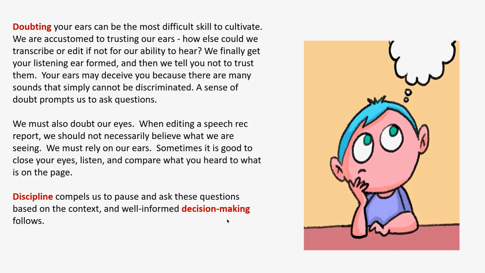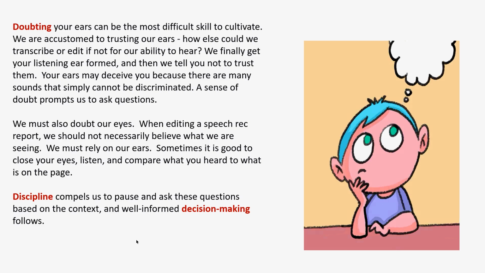We're accustomed to trusting our ears. How else would we transcribe or edit if we couldn't hear the report? We finally get your listening ear formed, and then we tell you not to trust them. Your ears may deceive you because there are many sounds that simply cannot be discriminated. A sense of doubt will prompt us to ask questions to make sure we're using the right word.